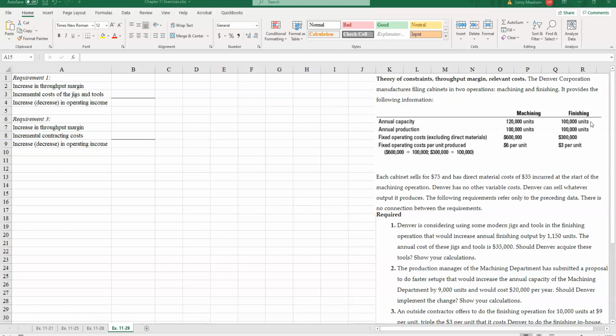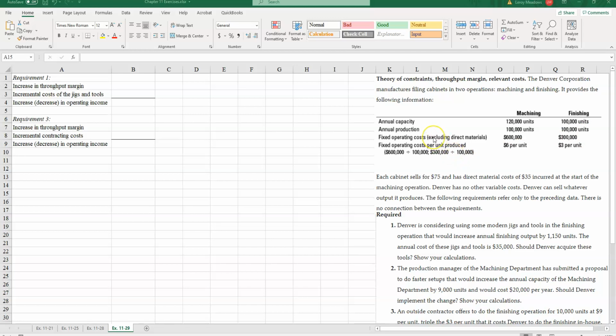Whichever department has the lowest annual capacity controls or limits production. So if this is our bottleneck and it can only produce 100,000 units, our plant can only produce 100,000 units in the year.